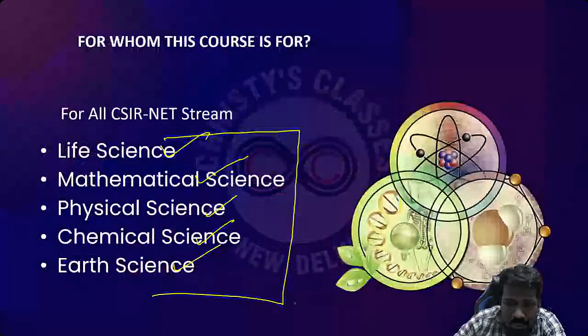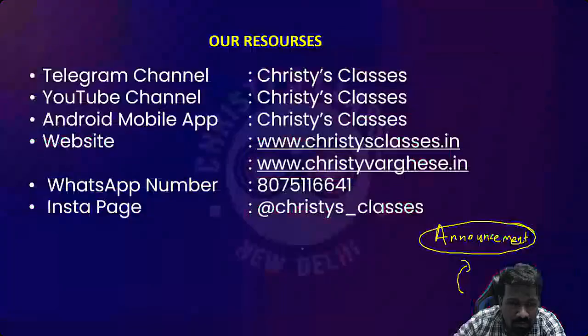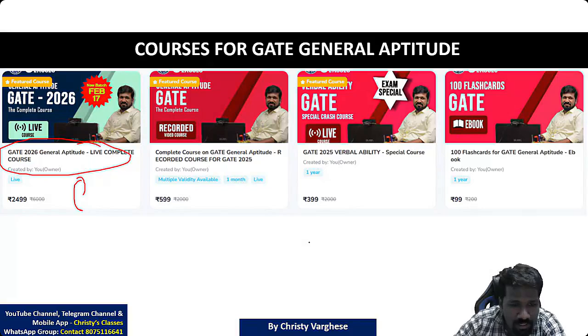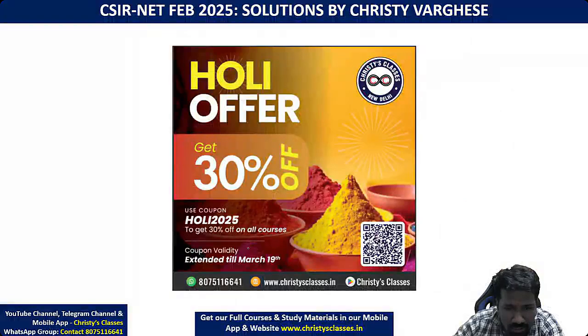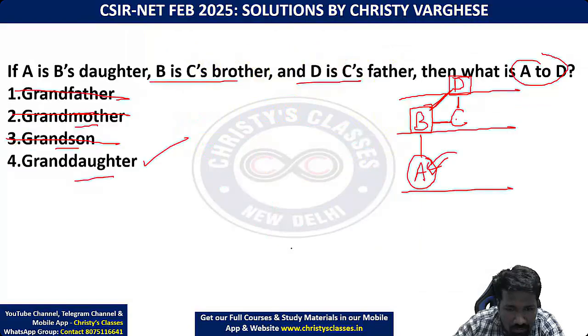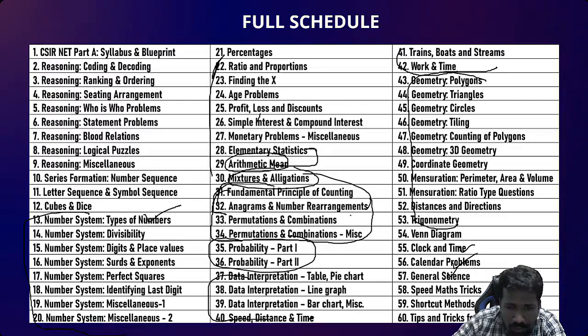I'll just show you. For 3-party wala question, we'll be discussing that in the permutation combination unit. Permutation combination miscellaneous, ये lecture में उसका discussion होगा. सारा question का discussion होगा. Don't worry.